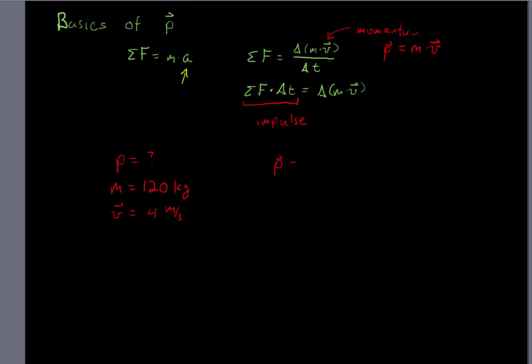The momentum is going to be the mass times the velocity. So momentum is going to be 120 times 4, which is 480. And that's the momentum. And these would be kilogram meters per second.